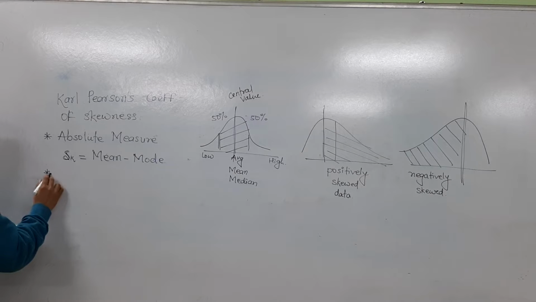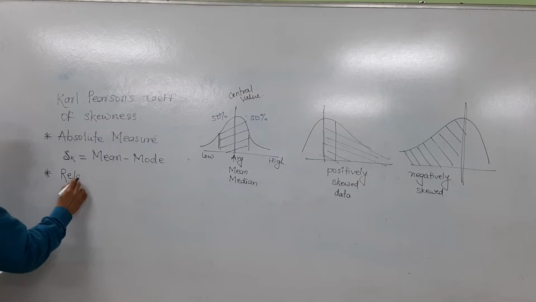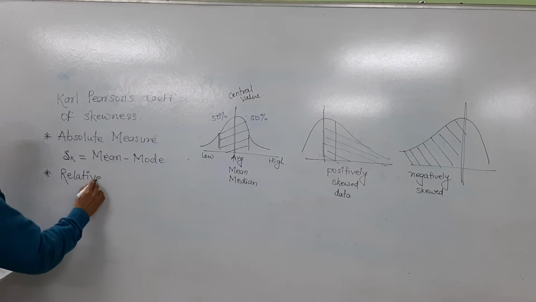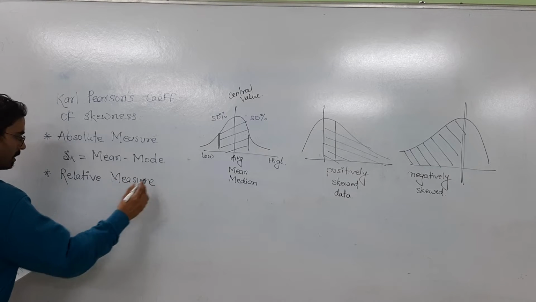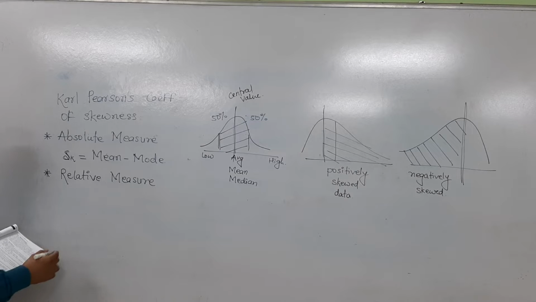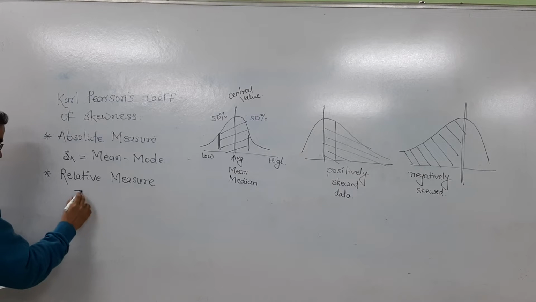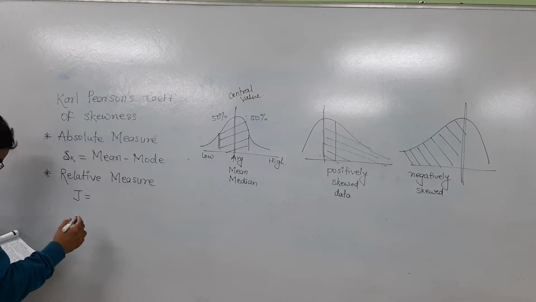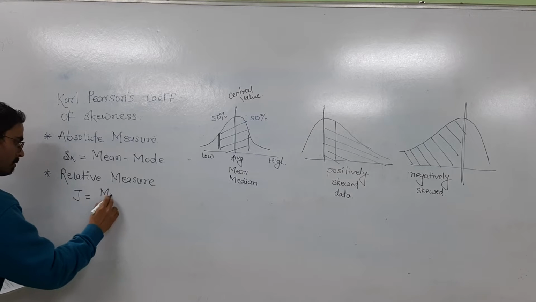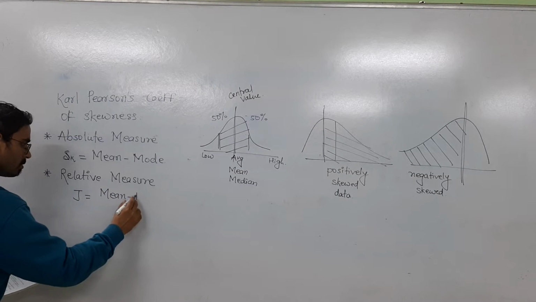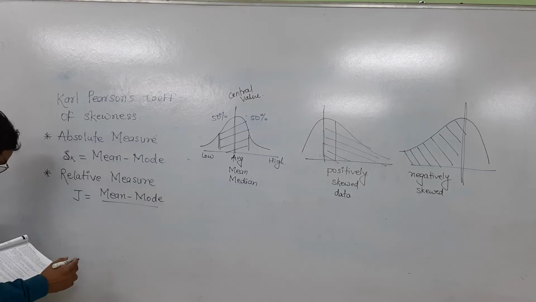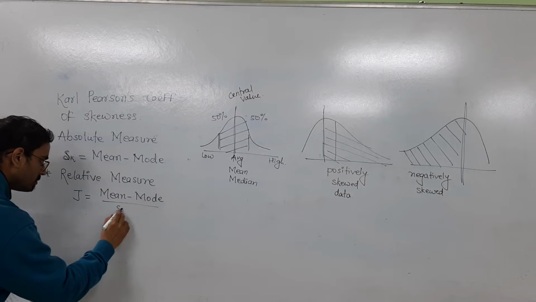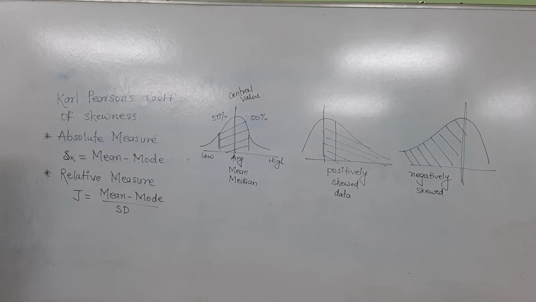And the second one is the relative measure. The second formula is the relative measure, and that formula is indicated by the symbol J, and the formula is mean minus mode divided by standard deviation.